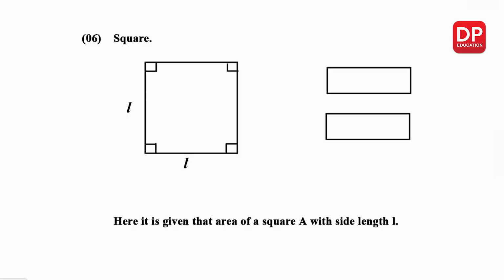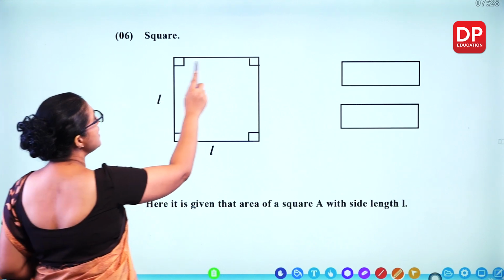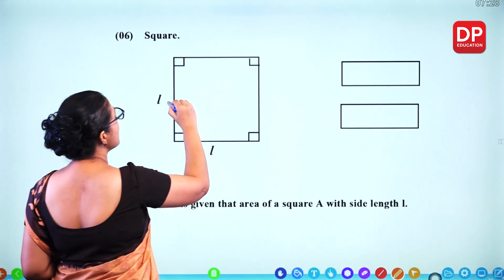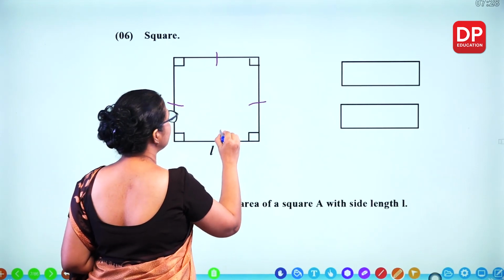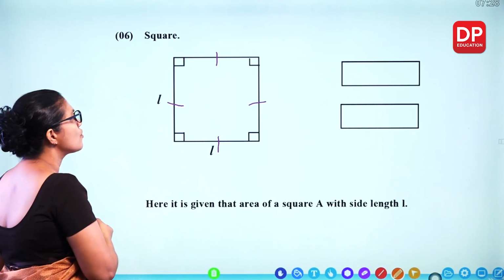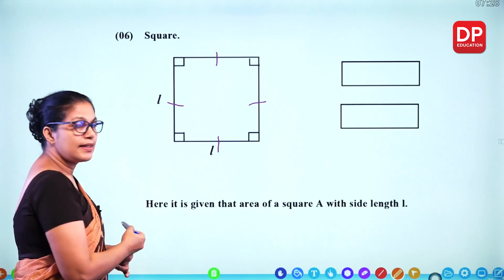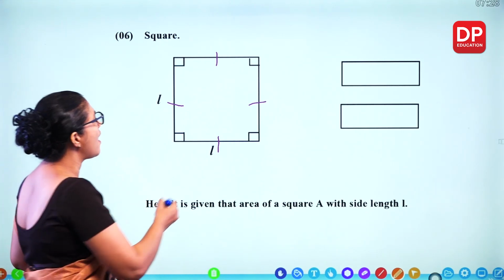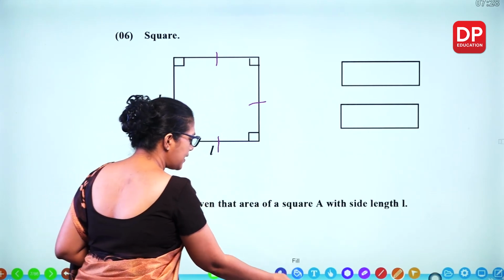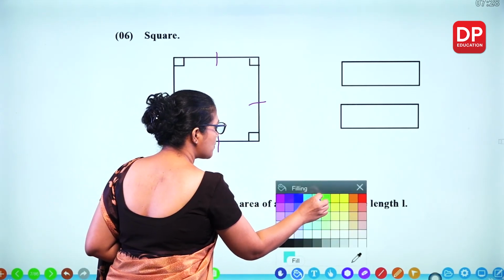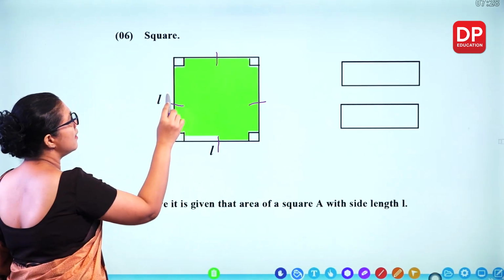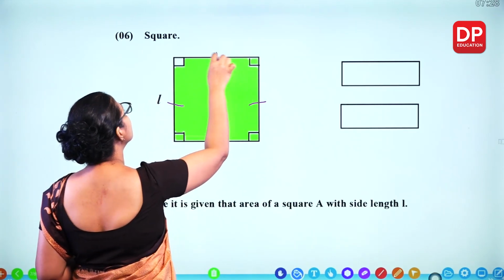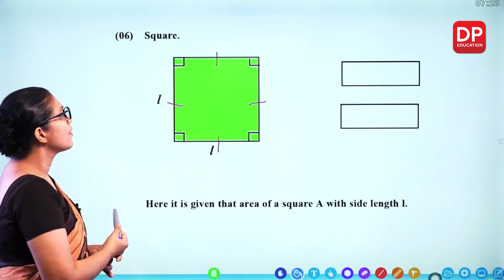Now we'll take the shape square. Square means all sides are equal. So if you know the length of one side, how can we find out the area occupied by this closed plane figure, this area?